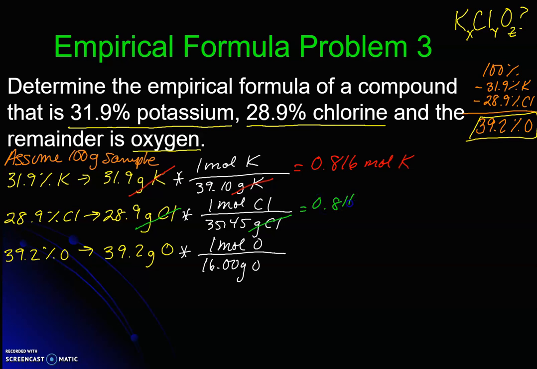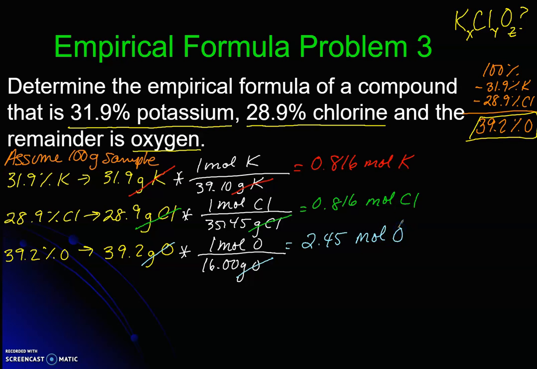Oh, hey, check this number out. Not a coincidence. It's purposeful. 0.816 moles of chlorine in here. And then 39.2 grams of oxygen divided by 16 is going to give us, ooh, this is a different number, 2.45 moles of oxygen.